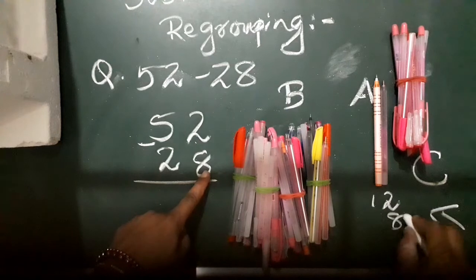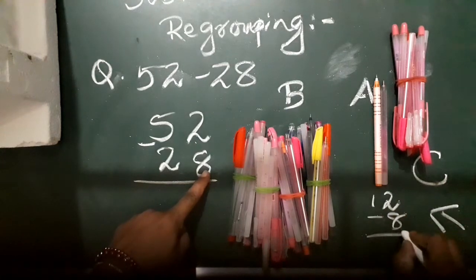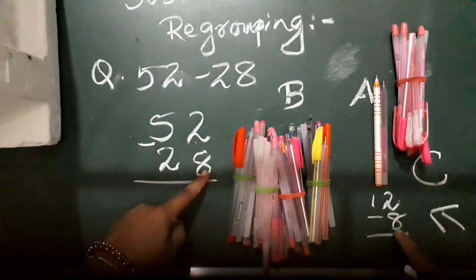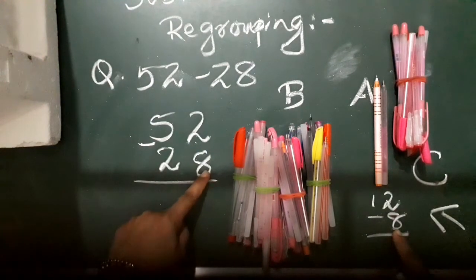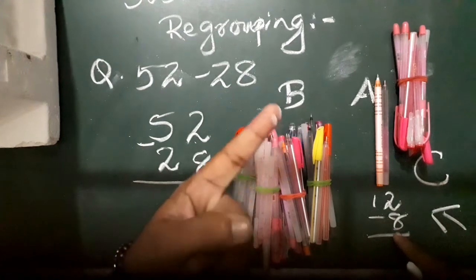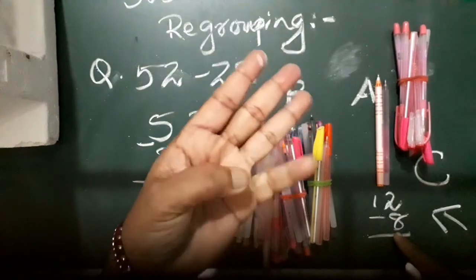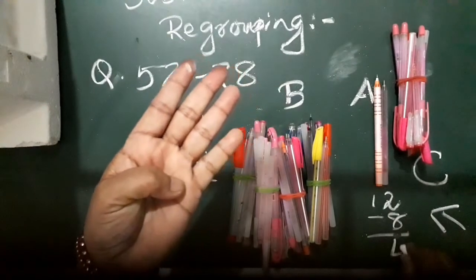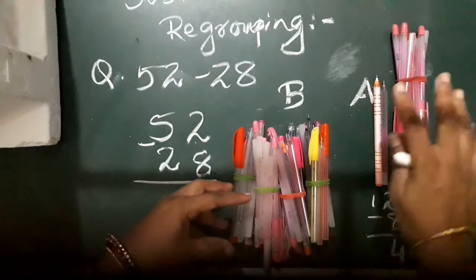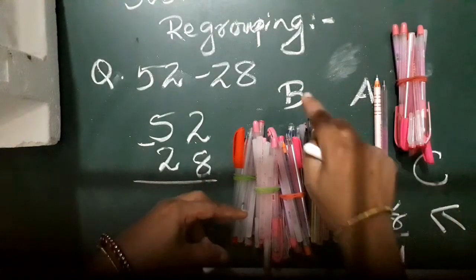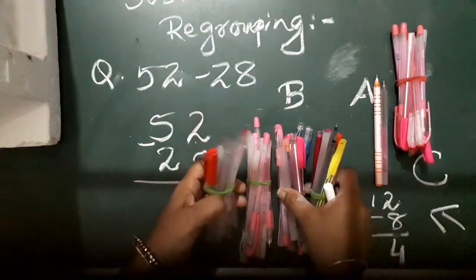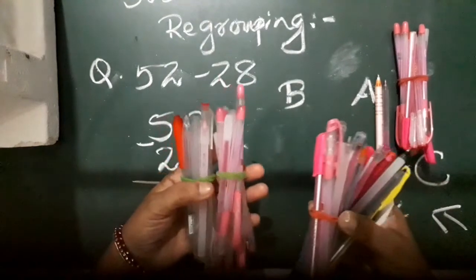So here you have 12 minus 8. That is, you have to count after 8 and reach up to 12. So after 8, start counting 9, 10, 11 and 12. So this becomes 4. Now as 1 ten is given to him, B person is having, instead of 5 tens, only 4 tens.